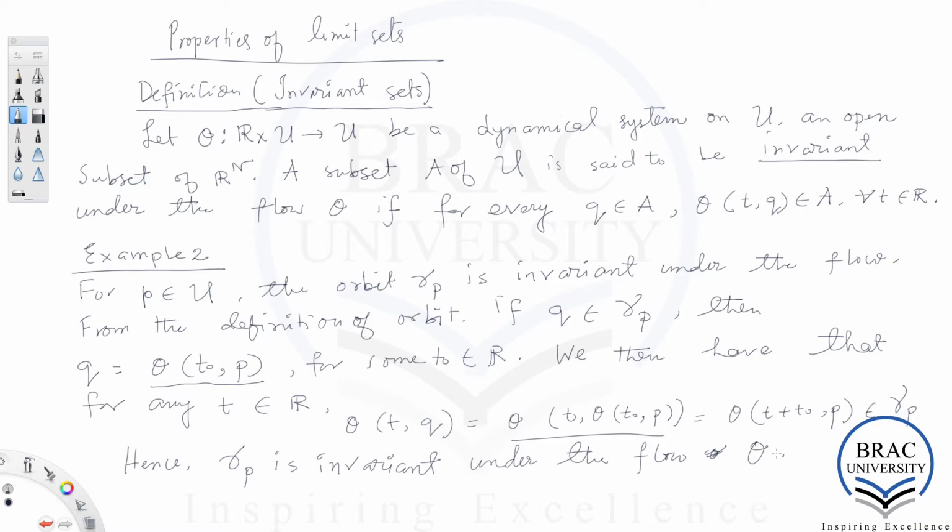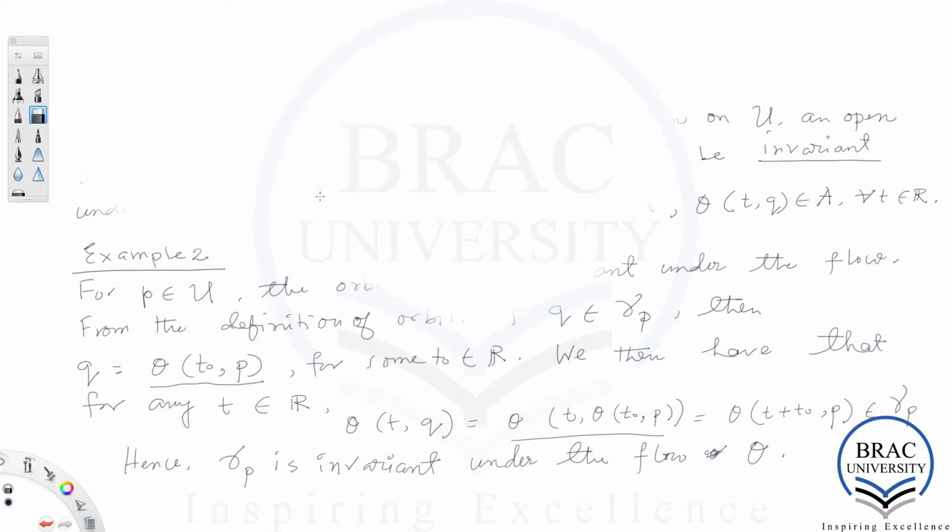Okay, so we have seen that the orbit of a point P is an invariant set. In the following proposition, we will see that the limit sets of an orbit is also invariant. Okay, so let me state the proposition first and then I'll prove it.